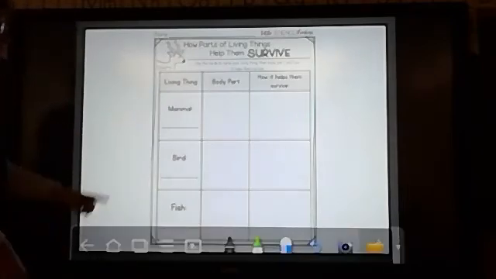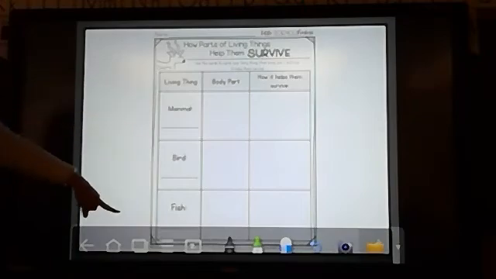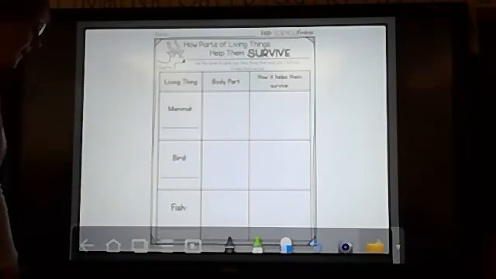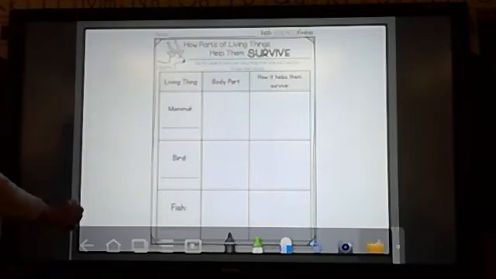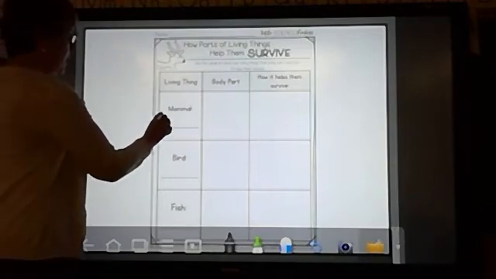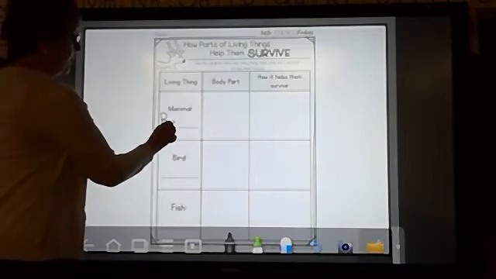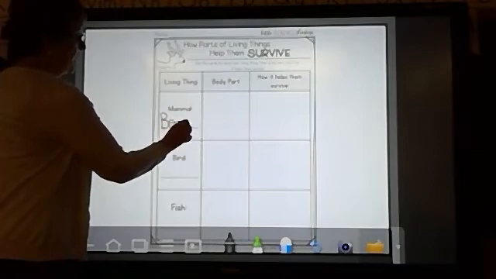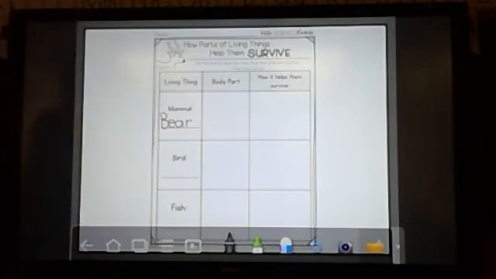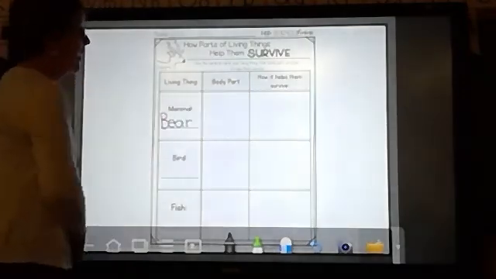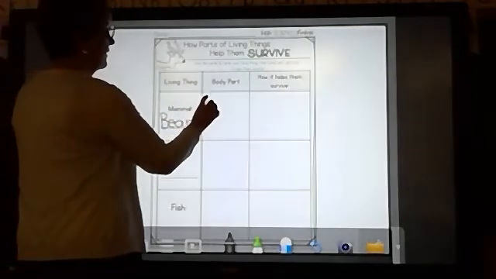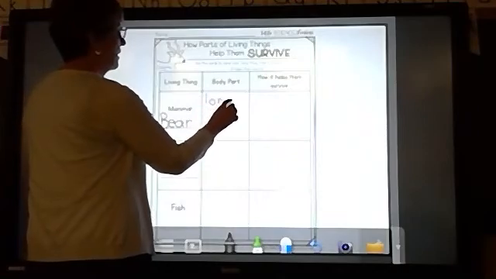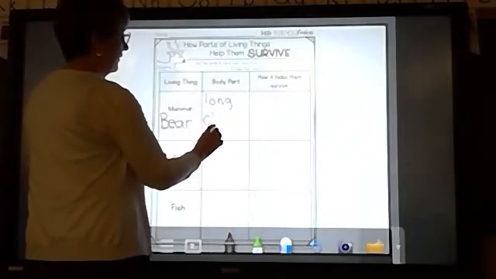Find the picture or the card for a mammal, okay? I'm going to use the example of a bear. A bear is a mammal, so I'm going to go ahead and print bear as my mammal. And I'm going to put the body part that is used to help them survive is long claws.